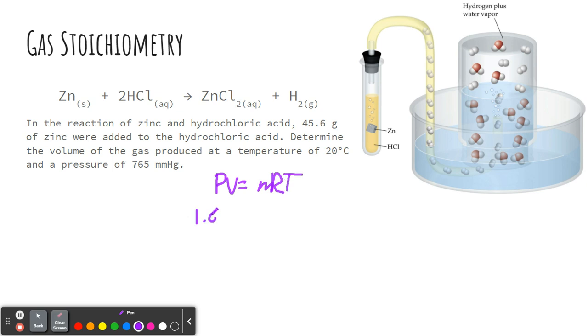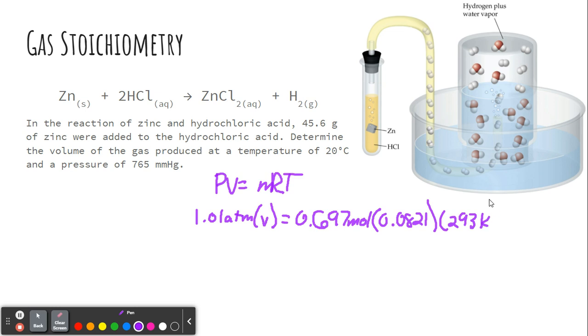So my pressure was 1.01 atm times the volume I'm solving for equals 0.697 moles times 0.0821 for my constant times my 293 K. Sorry, that cleared the screen. So we're going to divide both sides by 1.01 atmospheres. Notice me showing all my work with units.